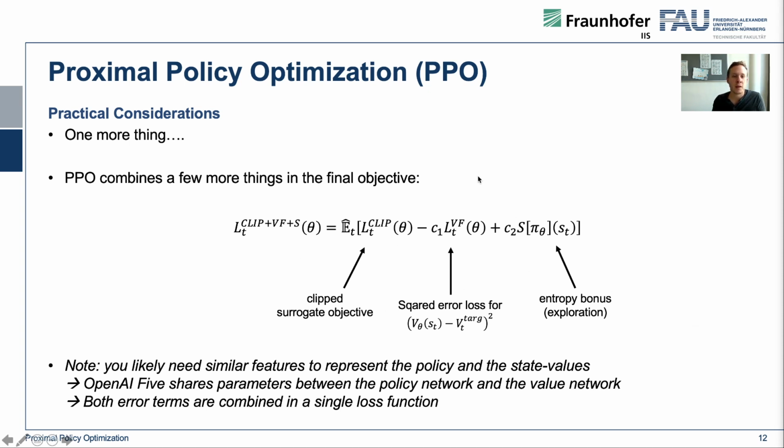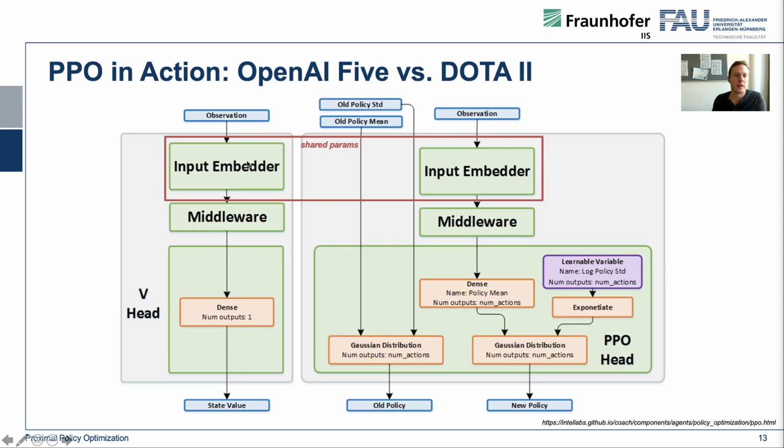So if you define it in a single network with distinct loss terms, you can optimize a network with several heads, and the auto-differentiation framework of PyTorch and related libraries will take care of where all your gradients optimize things. It turns out that OpenAI Five also shares the parameters between the value function and the policy function, which can easily be implemented using the combined loss function that PPO introduces.